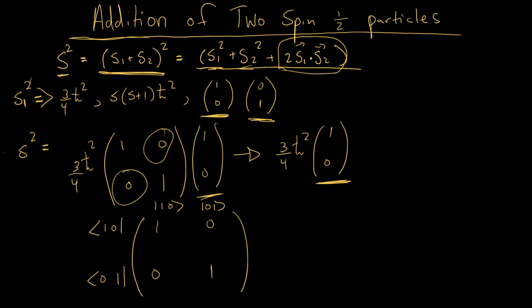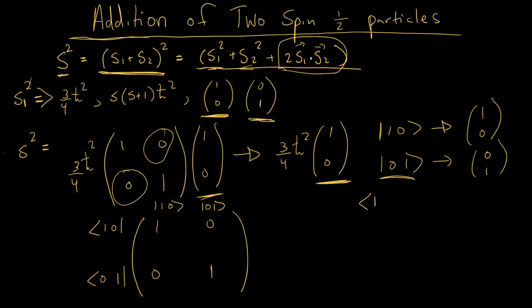Okay, and if you're not familiar with bracket notation, you can just think about (1, 0) as the vector (1, 0), and (0, 1) is just the vector (0, 1). And if you wrote it the other way, which is called a bra, and these ones up here are called kets, this would be just the transpose of this one up here. So that would be (1, 0).